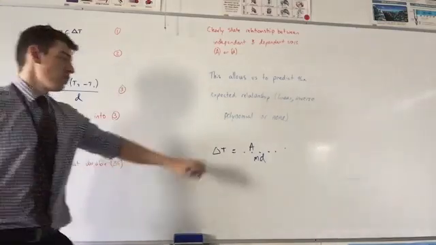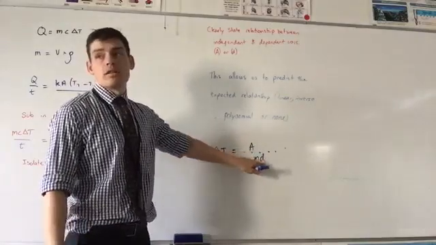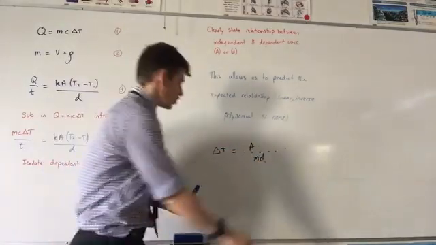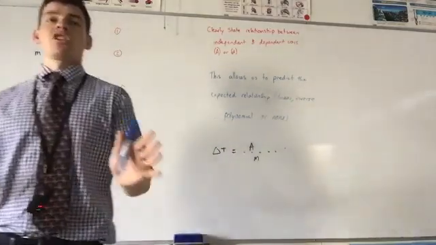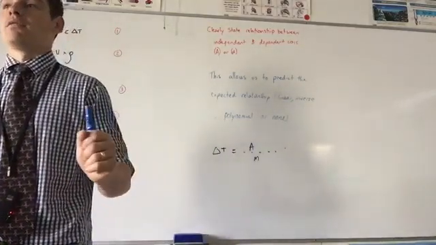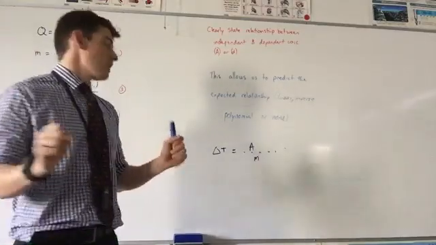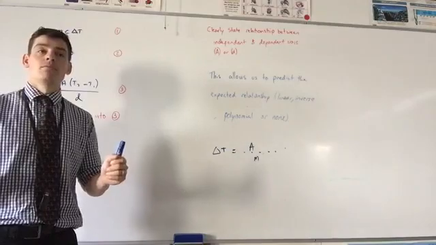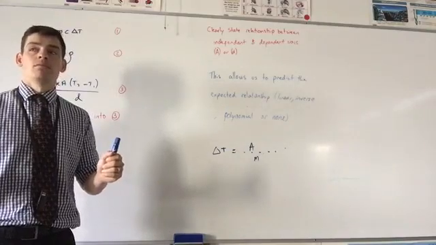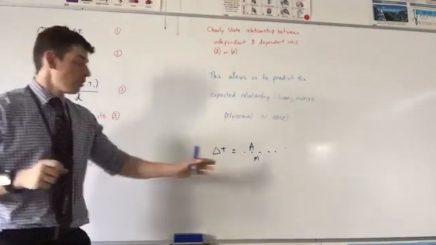Now, if I'm changing my area, what does that mean about my thickness? It's also in that group. Does that make sense? So for this example, I'm just going to assume I'm changing area. It doesn't matter. Can we see what the problem is? Yes. What's the problem? You've got two variables that aren't constant.